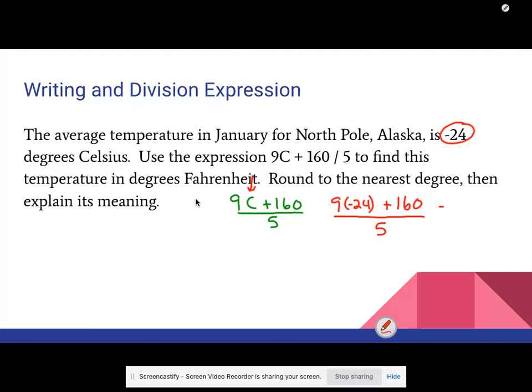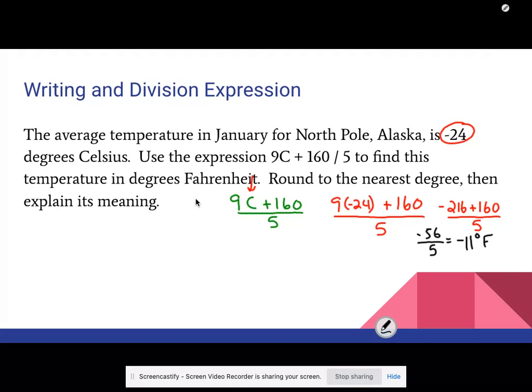I have negative 216 plus 160, and then divide that by 5. This ends up being negative 56 divided by 5. It says round to the nearest degree, then explain its meaning. If I were to divide this, I know that negative 11 is going to be the closest thing to it, degrees Fahrenheit.